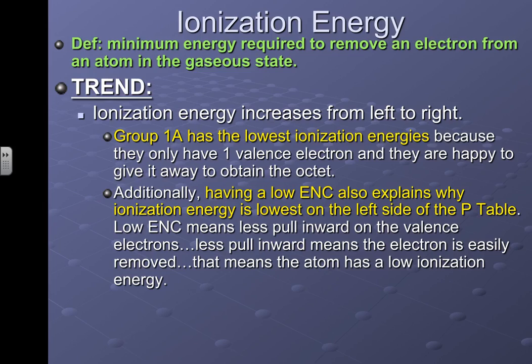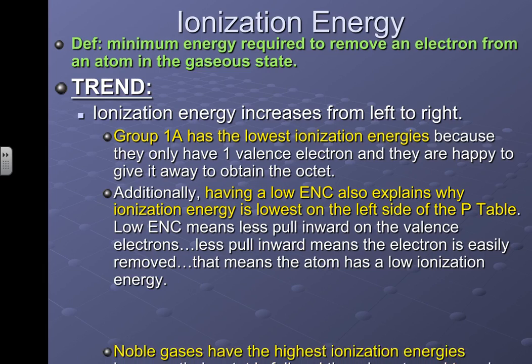So again, in group 1A, they have a very low effective nuclear charge of 1, which also explains why ionization energy is the lowest, because if those valence electrons are not feeling the pull from the nucleus, which is effective nuclear charge, then there's nothing really holding it on. You can pluck the electron off pretty easily.